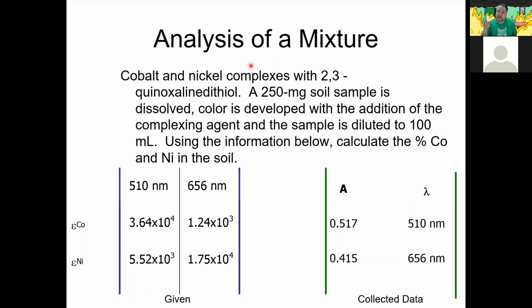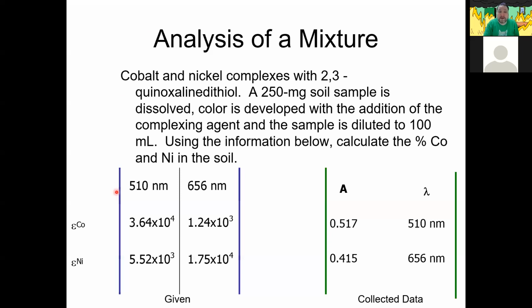If we measure at two different wavelengths, we can figure out what the concentration is of each of those components, even though at each of those individual wavelengths, the absolute absorption is going to be the sum of the absorption of each component. We don't necessarily know what it is.